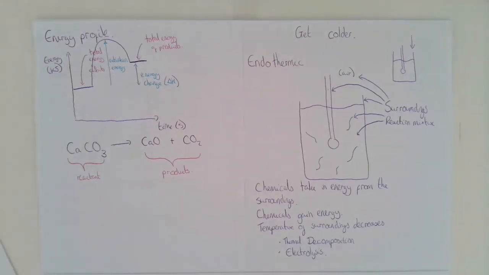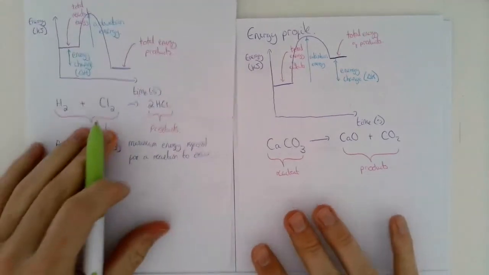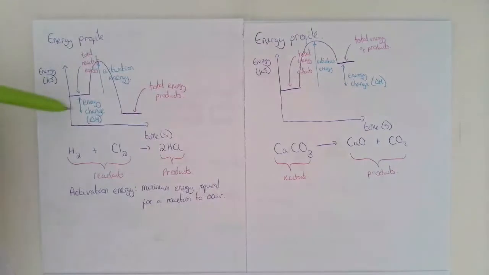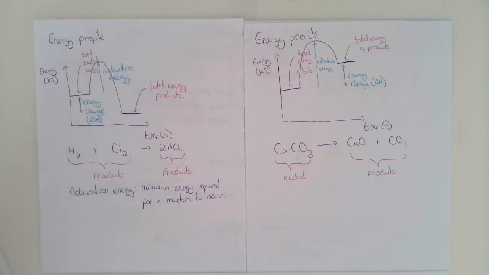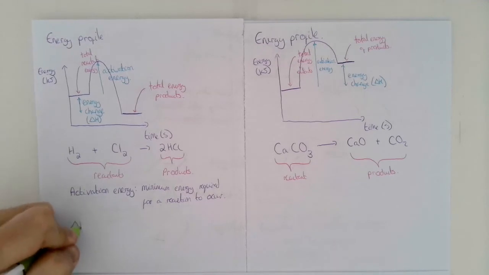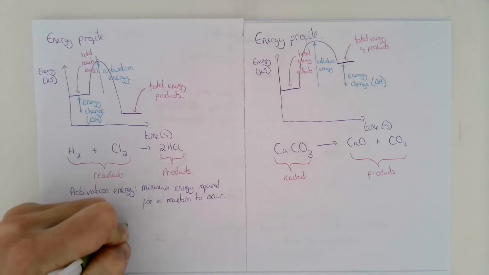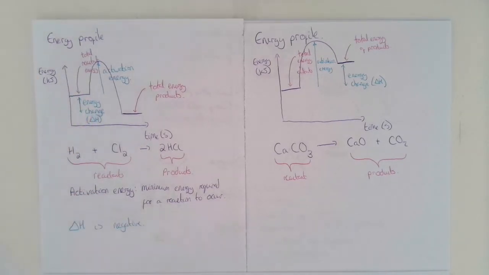Now if we compare the two energy profiles, if I put them side by side, for exothermic, the energy of the chemicals is dropping, so the energy change, delta H, is negative, because the chemicals are losing energy for exothermic reactions.